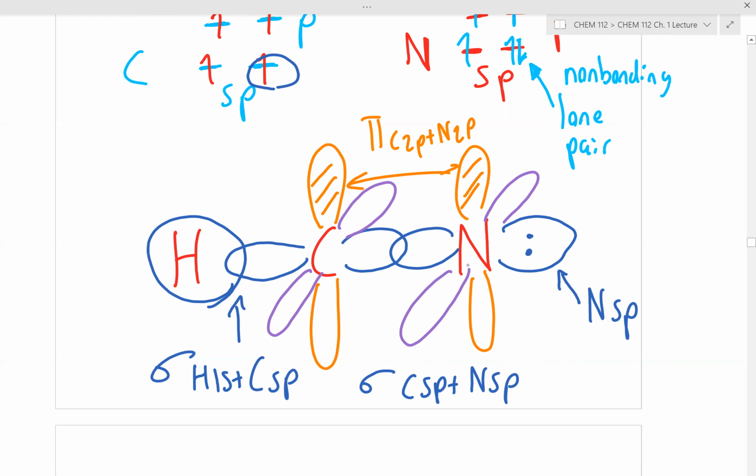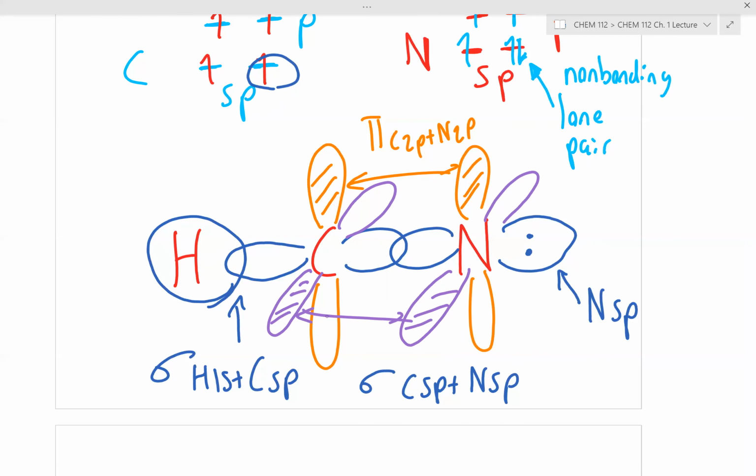And so, to form our second pi bond, can we overlap these two p orbitals? Yep, exactly right. Okay. So we've essentially just redrawn our previous structure for C2H2, except we've replaced a carbon with a nitrogen. So just like Lewis structures, by analogy, you can in many cases make orbital diagrams and orbital pictures via analogy.